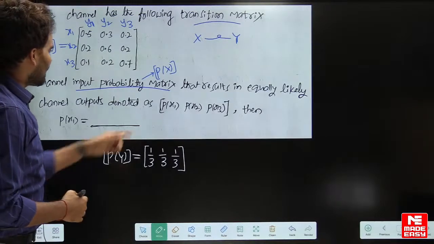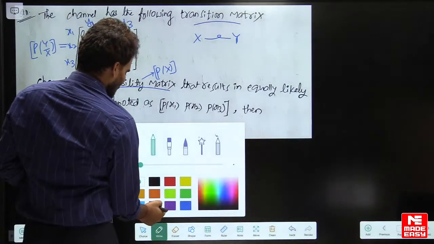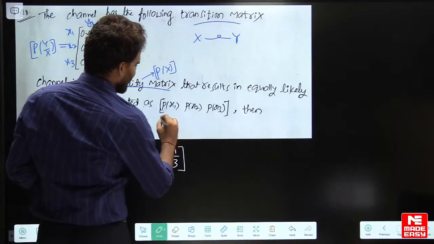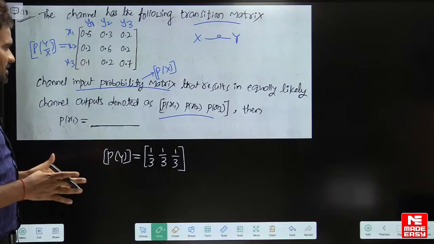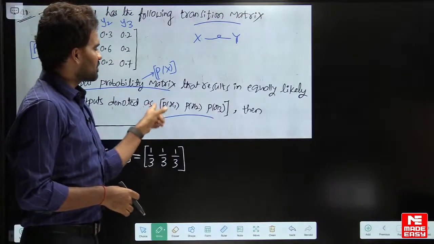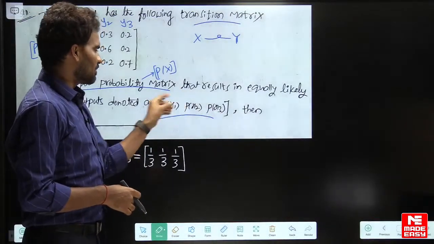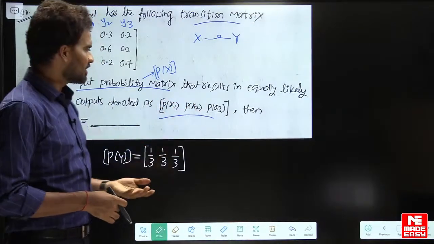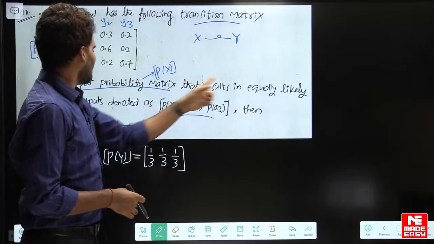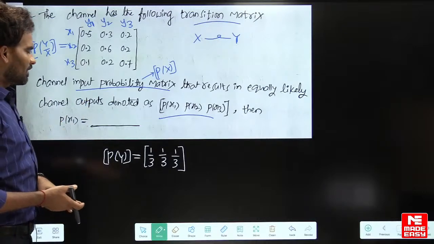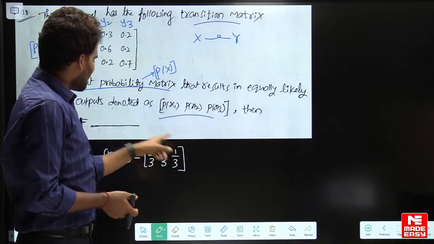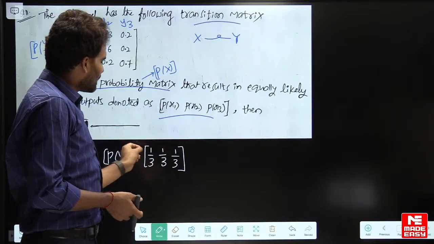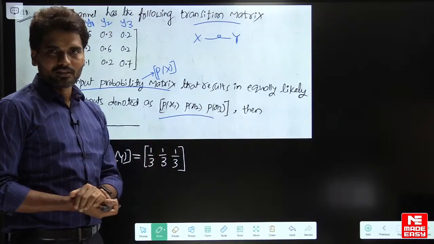What the P(X) matrix denotes here is P(X1), P(X2), P(X3). The input probability matrix is such that it results in equally likely channel outputs.